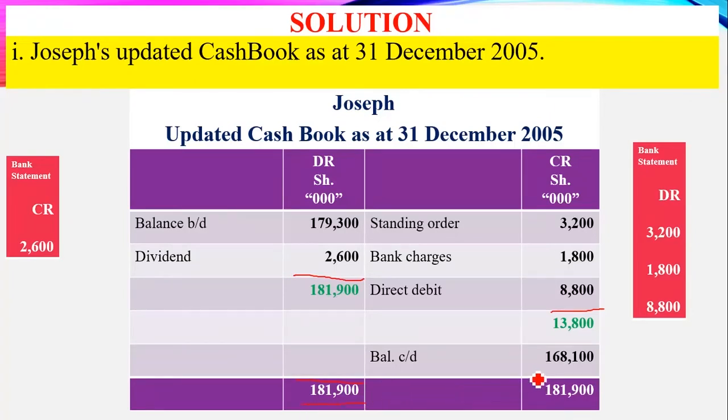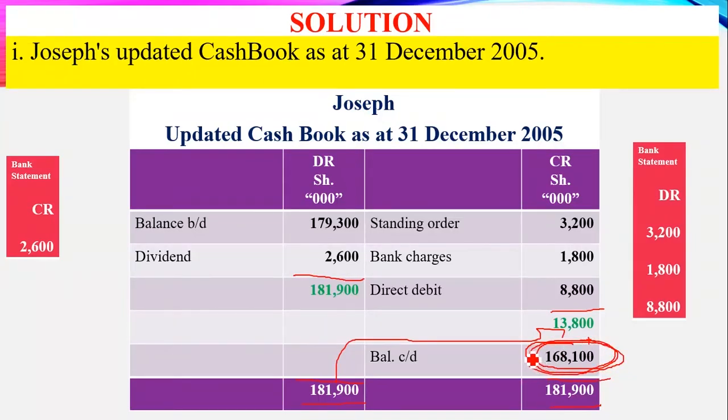So we need to carry down the difference. 181,900 minus 13,800, the balance is 168,100. So the total will now be 181,900. So our balance as per the updated cash book will be 168,100.